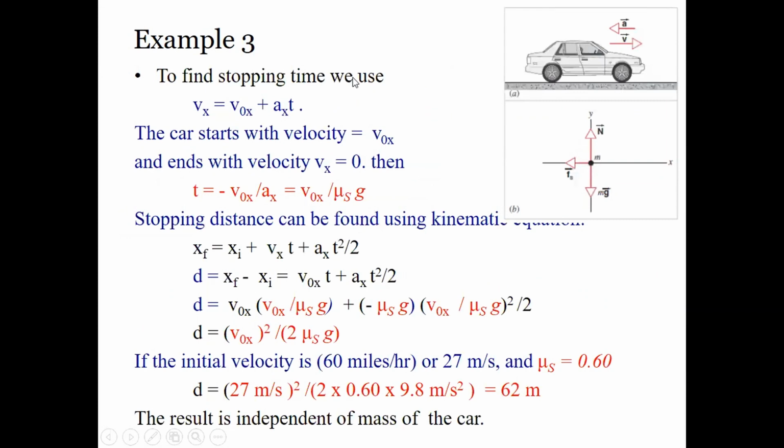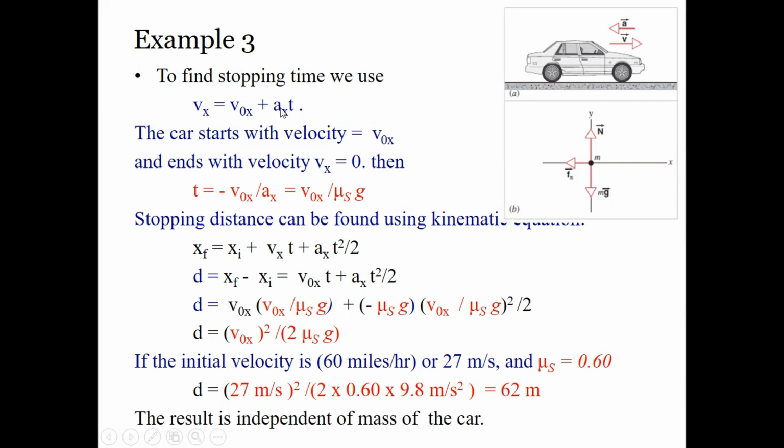To find the stopping time, we must use the kinematic equations. V final is equal to V initial plus a times t, and it is about the x direction motion, so all have the subscript x. The car moves with velocity V naught and ends with velocity equal to 0.